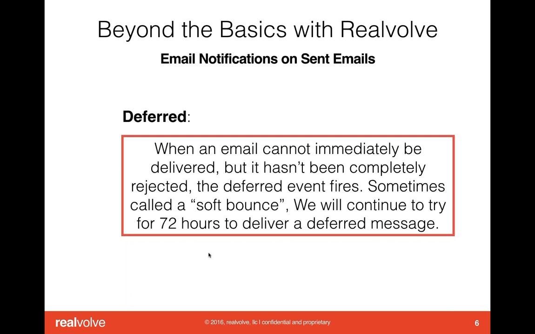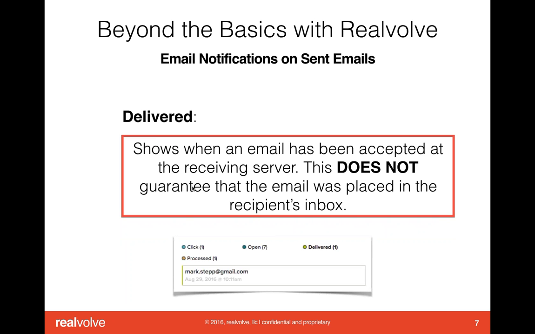It's called a soft bounce, but it's not a bounce where they're not going to get it. It's just not been completely sent, and neither has it been rejected. So it's just kind of in limbo. We will continue to try to send that for up to 72 hours until it actually gets sent or it bounces, just to let you know what defer means.